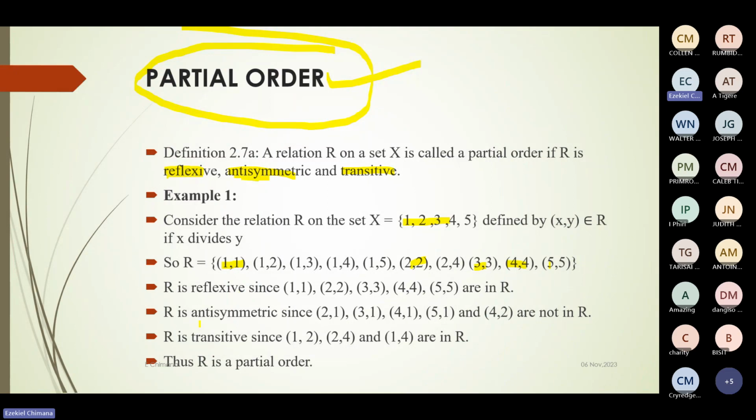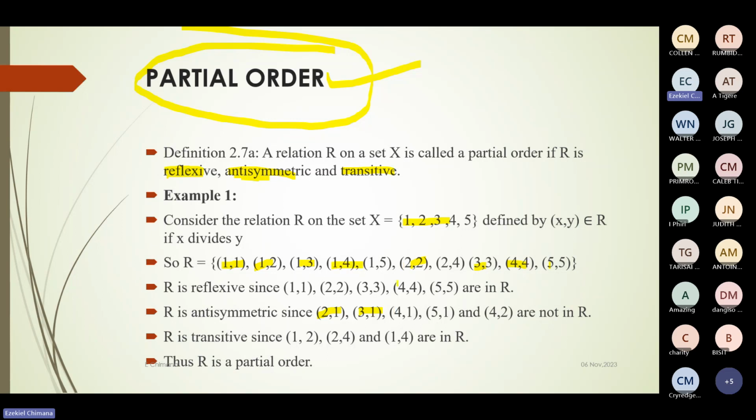And then we check if it is antisymmetric. Here we are saying it is antisymmetric. Why? We have a (1,2), and we do not have a (2,1). Here we've got a (1,3), we do not have a (3,1). We've got a (1,4), we do not have a (4,1).